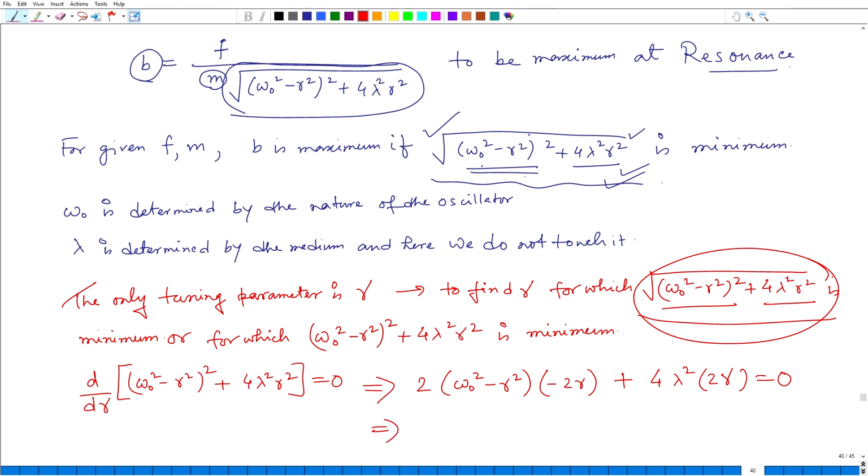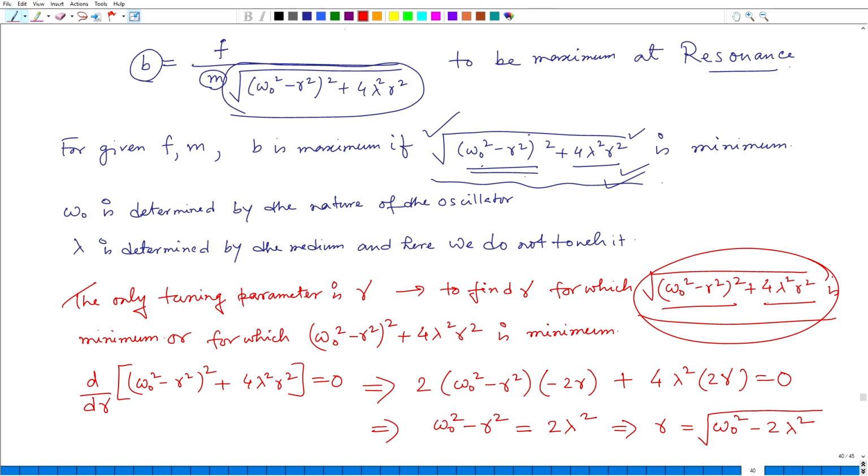So, then I can actually write, so this will go away, yes. So, finally, I will write that omega 0 square minus gamma square is, yes, with a minus sign, so that can go to the other side, is equal to 2 lambda square, or you can say that my gamma square will be equal to omega 0 square minus 2 lambda square, or you can say simply gamma will be equal to root over this.